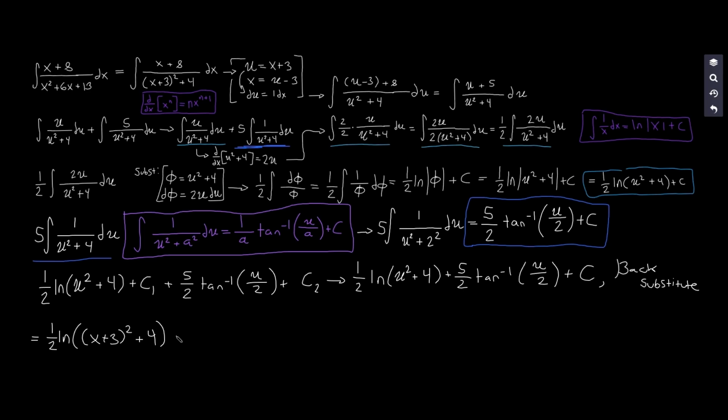And then plus 5 over 2 arctangent of u over 2, so really x plus 3 over 2, plus c.